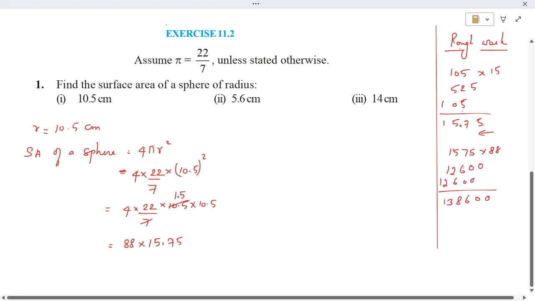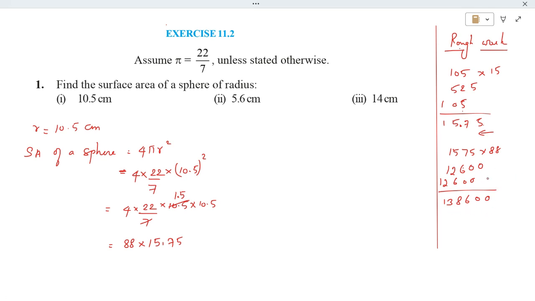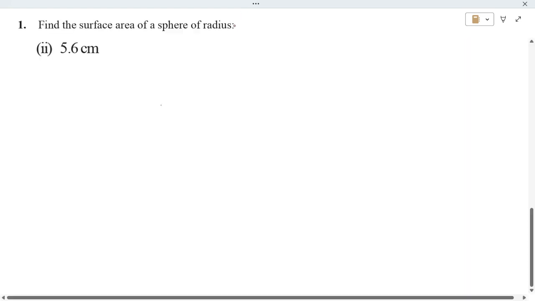So when you're multiplying 1575 by 88, you get 138600. Now again count the decimal digits. So there are two decimal digits. So from the right, after two decimal digits, place the decimal point. So it is going to be 1386, and don't forget to write the unit. It is centimeter square.